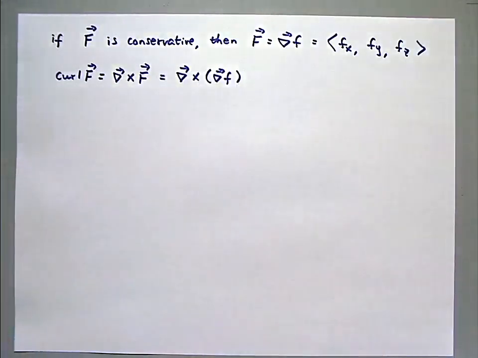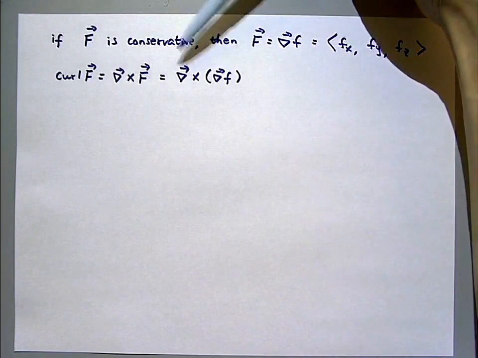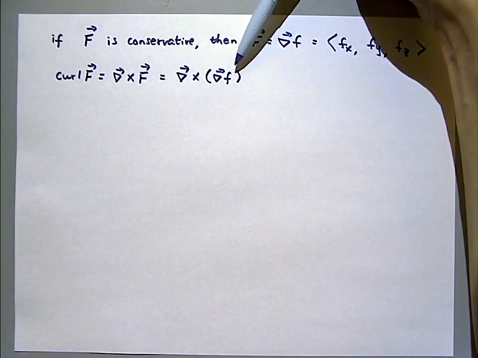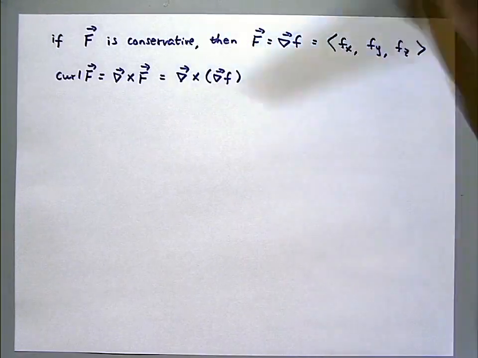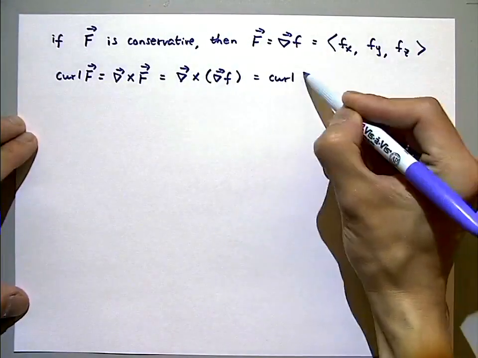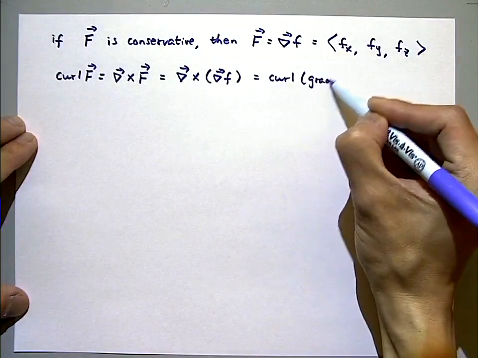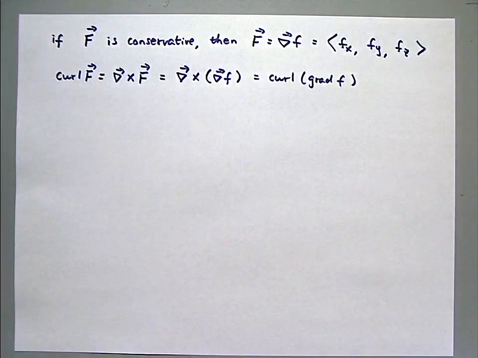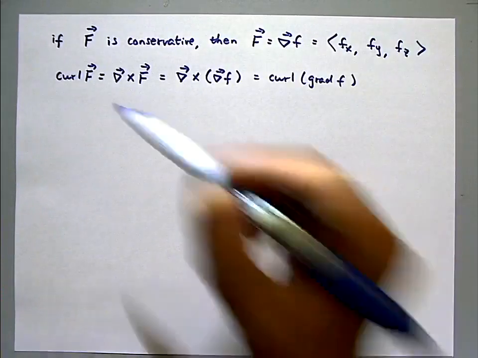In this case, the curl of the vector field big F is equivalent to the curl of the gradient of the potential function. Curl, gradient. So this is sometimes written as curl grad little f. And let's see what we get.